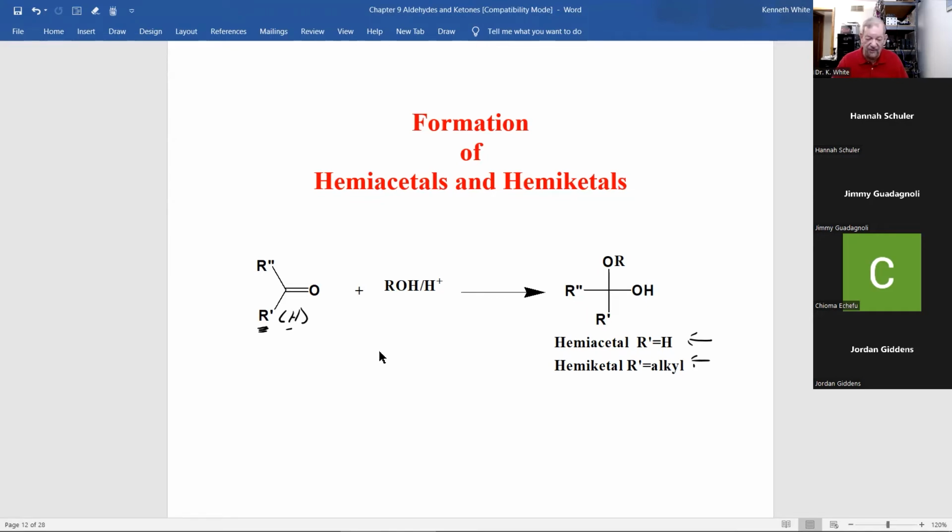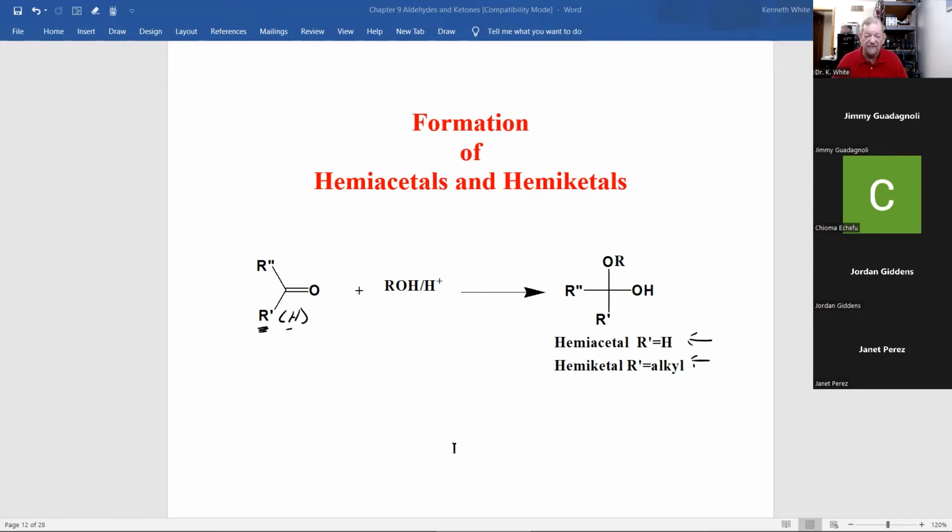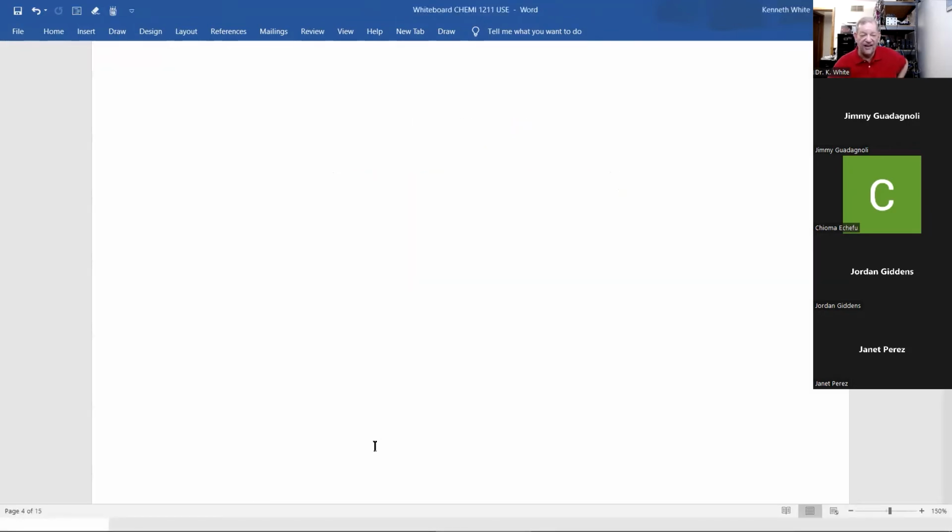And let me put it on the other whiteboard so you can see the carbons that my software took out. If you have an aldehyde or ketone, when R prime is H, it's an aldehyde. When R prime is carbons, not H alone, it's a ketone. And you react it with one molecule of an alcohol, and you need an acid catalyst.